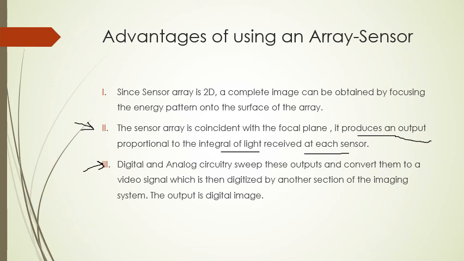First, when we complete our image processing, it sweeps the outputs and converts them to a video signal, which is then digitized by another section of the imaging system. Then we get the output in digital form, and this output is a digital image. These are very useful and great advantages of using an array sensor on an image in digital image processing.